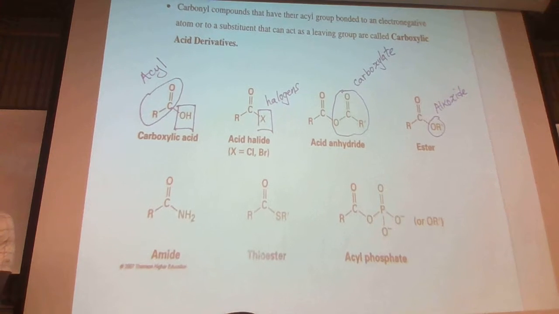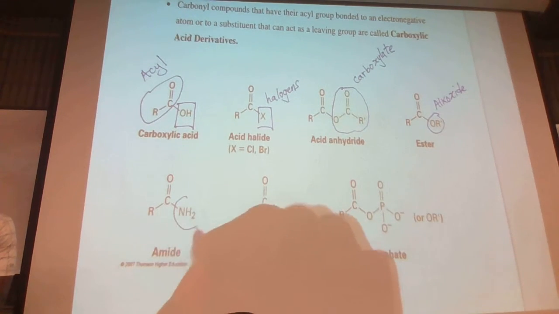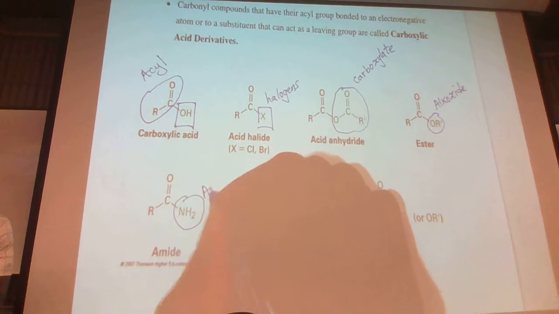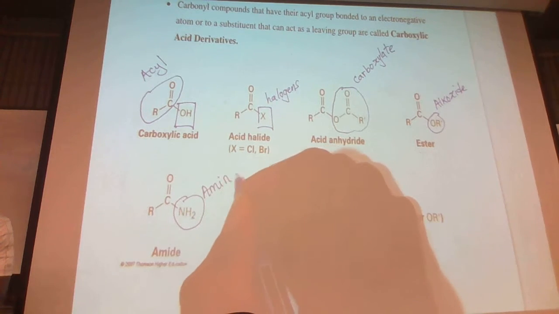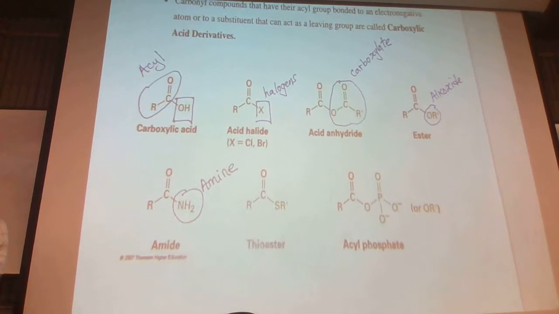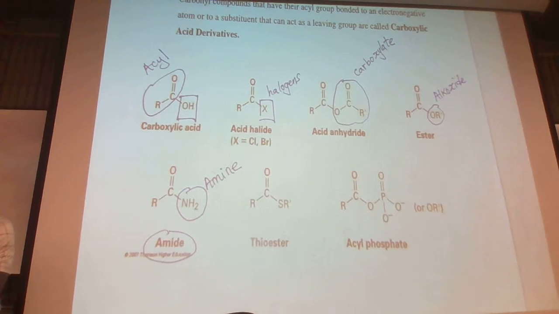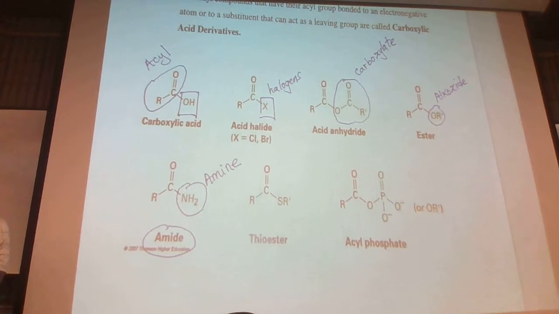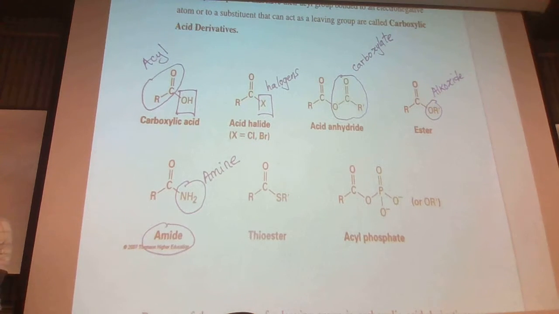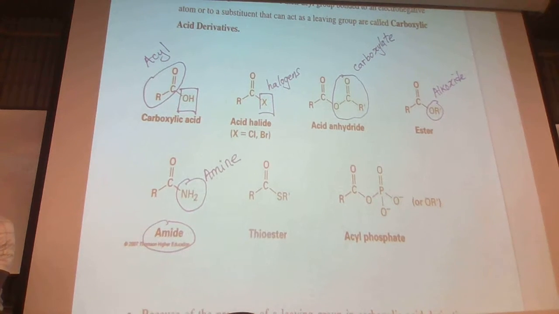And when you have an amino group, those are referred to as amide. Remember the question you had, Tiana, about amide? So these are amide. They are different from amine, right?